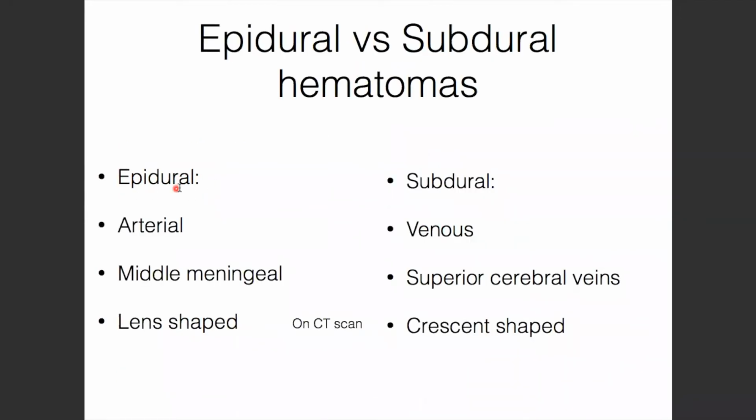An epidural hematoma is arterial in supply. It's damage of the middle meningeal artery. While a subdural is venous, which is due to a superior cerebral vein. But since one is an artery and one is a vein, you'd assume that the epidural happens way quicker.